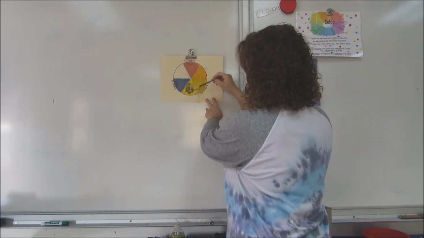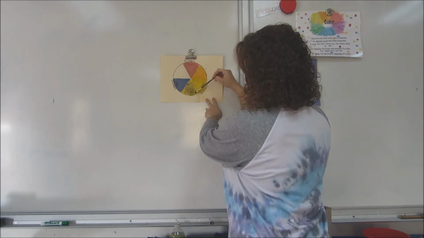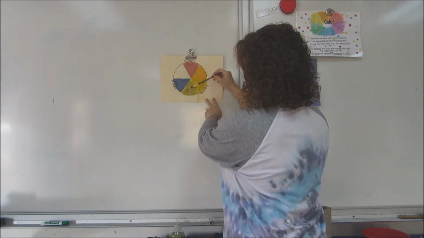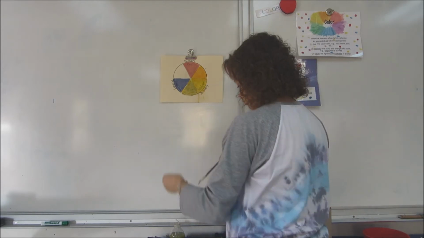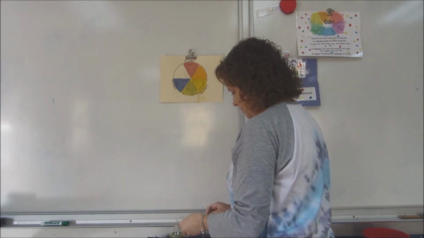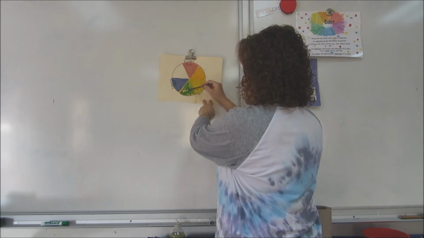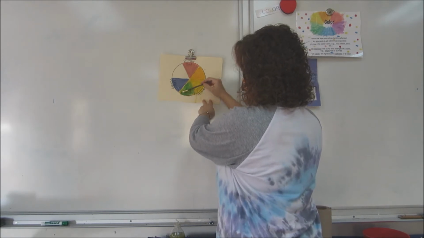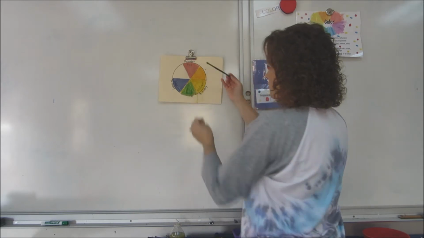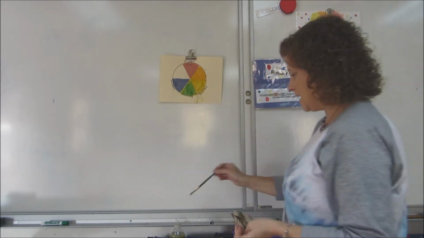Mix that in with my yellow on the paper. And you see what's happening? It's turning green. Add a little yellow there. Oh, so blue and yellow make green.